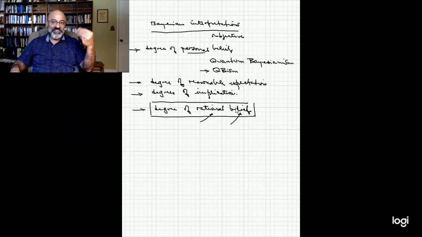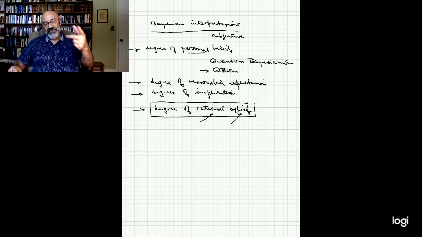The word rational here is another term that's kind of tricky, because claiming that something is rational is also not very, very clear. Philosophers have tried very hard to figure out what you mean by rational. The way we're going to handle it is precisely the opposite direction.